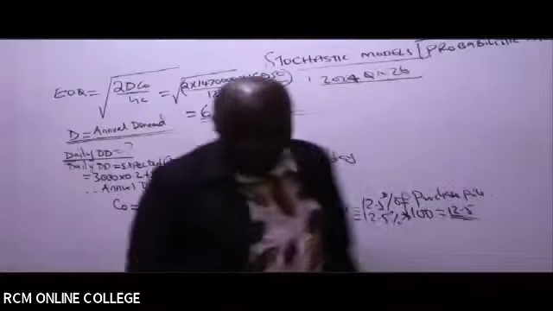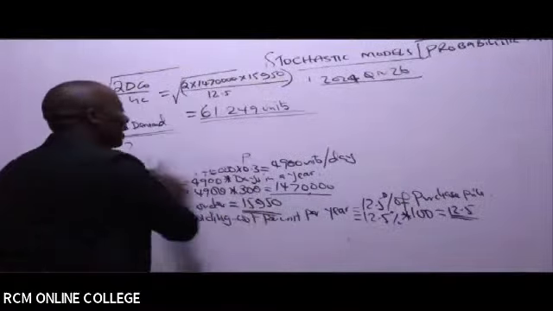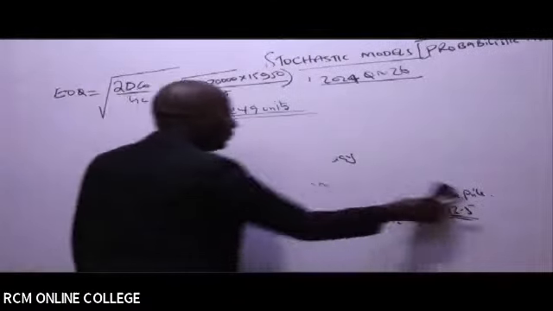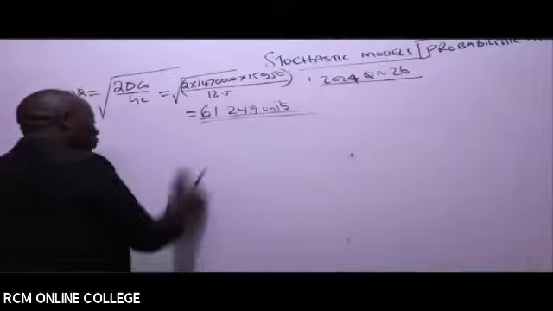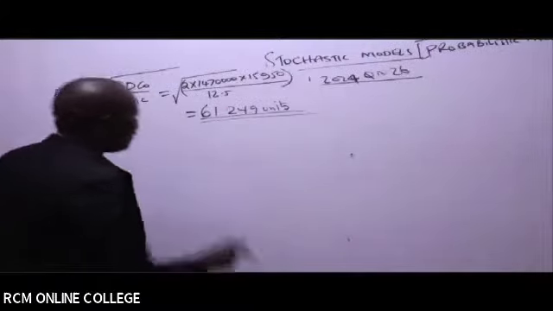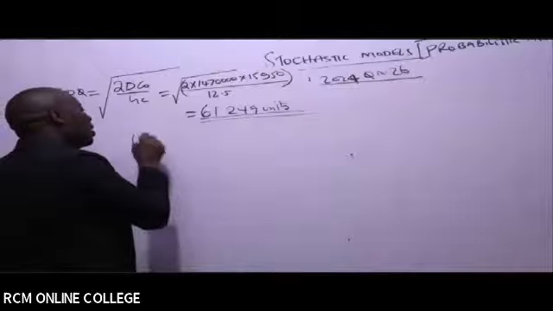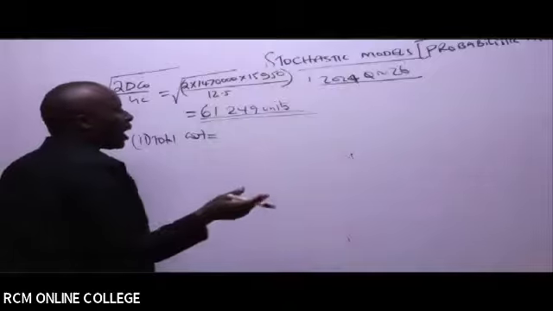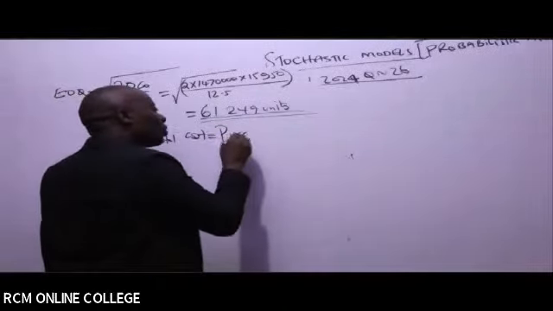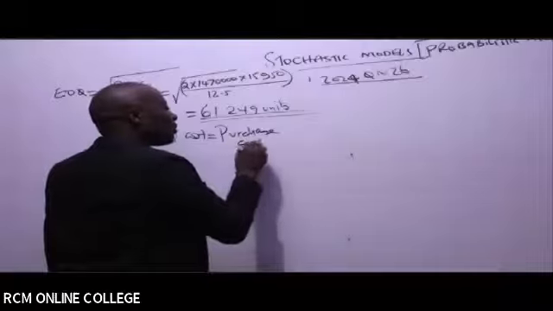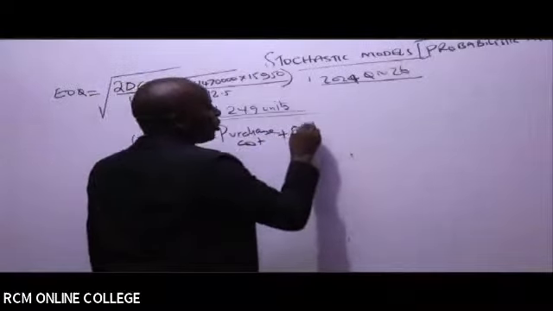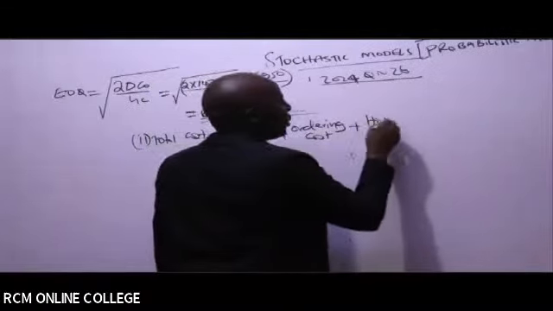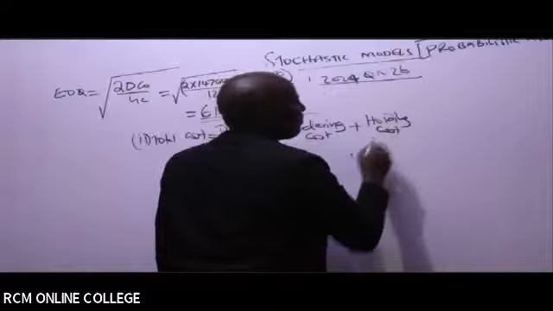Here I would want you to really listen to me very well. Now, remember, we have what we call total cost in terms of inventory. Whenever they want us to calculate total cost, or whenever they are silent, our total cost will be equal to purchase cost plus ordering cost plus holding cost per annum.